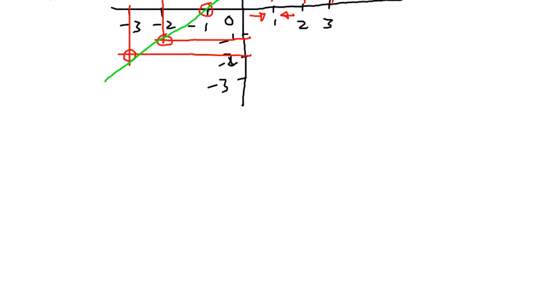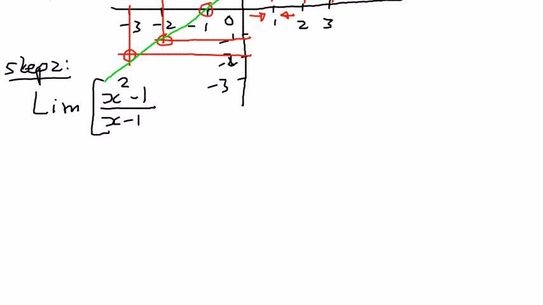So in here, as step number two, I'm going to take the limit of the function x to the power of 2 minus 1 divided by x minus 1 as x approaches 1. How do we simplify this?